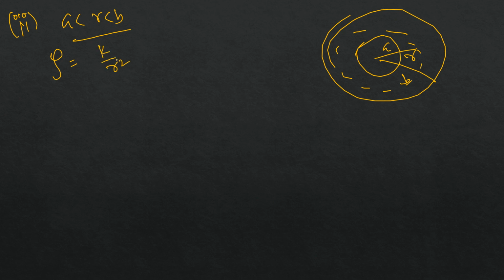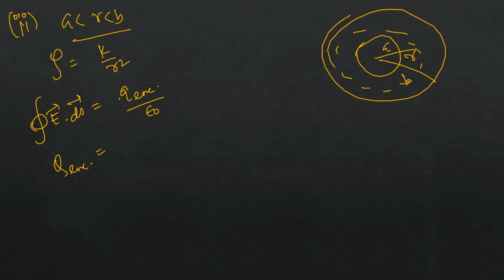Yes, very good. So we know Gauss law, E dot ds is Q enclosed by epsilon naught. Q enclosed is the volume integration of rho dv, and rho is K by R square.